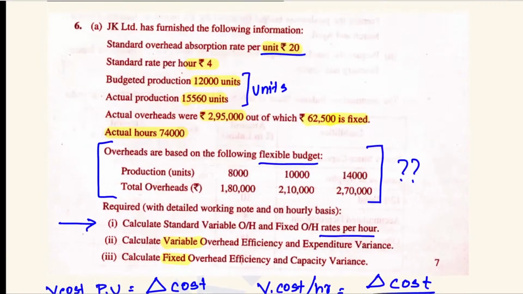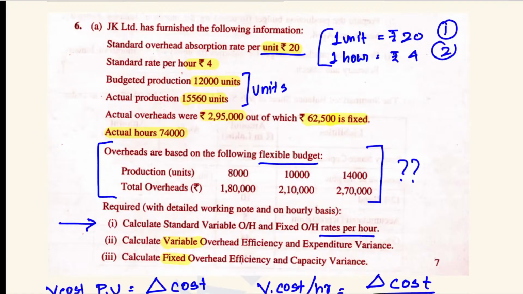Now let us see. Standard overhead absorption rate per unit is 20. Then standard rate per hour is 4. So using extrapolation, we will understand what data is given. 1 unit is equal to 20 rupees. Then 1 hour is equal to 4 rupees. When I use these two data together, what do I get? Let's call this equation 1 and this equation 2.